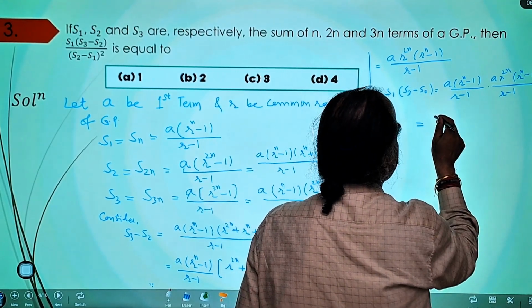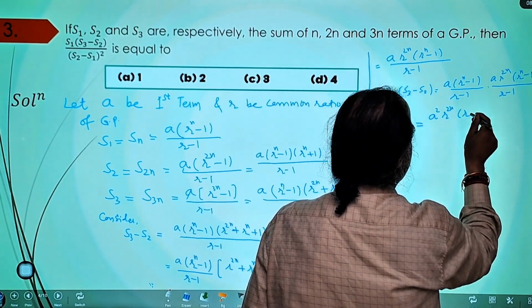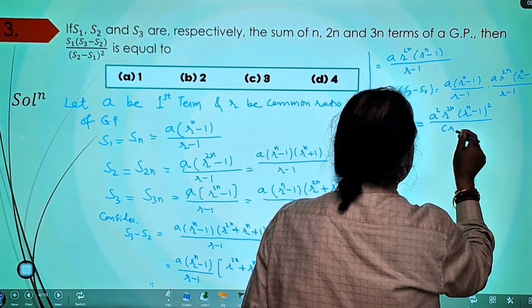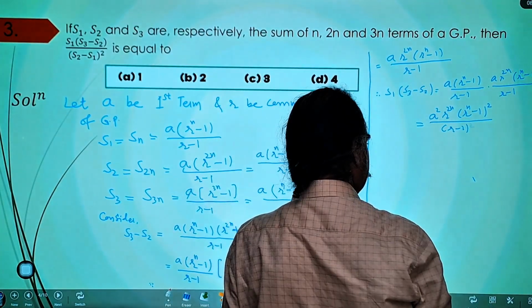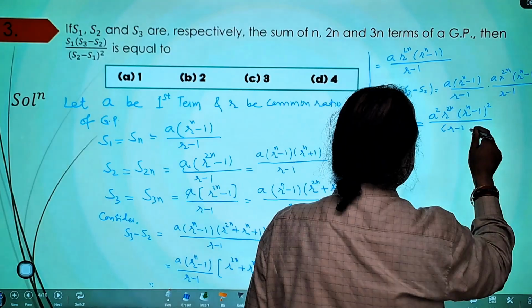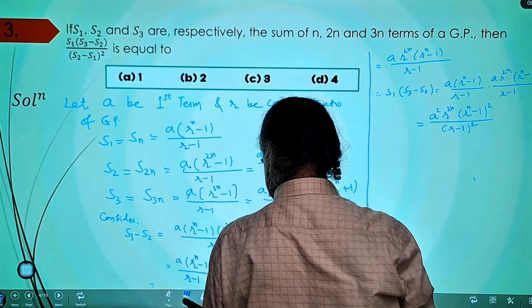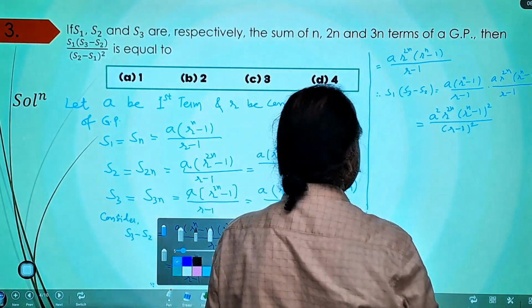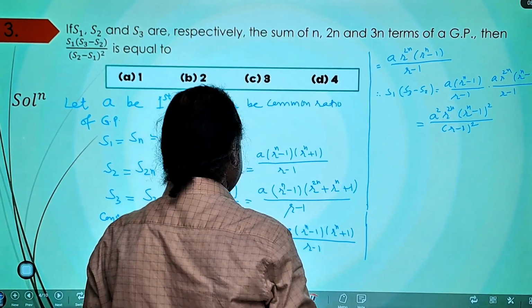Will give you a square r raised to 2n, r raised to n minus 1 square divided by r minus 1 square. This is our numerator.